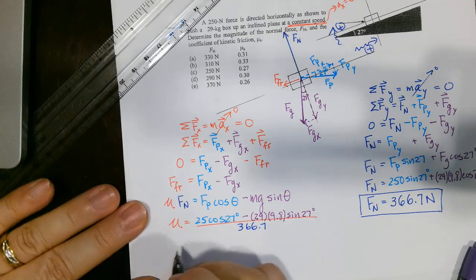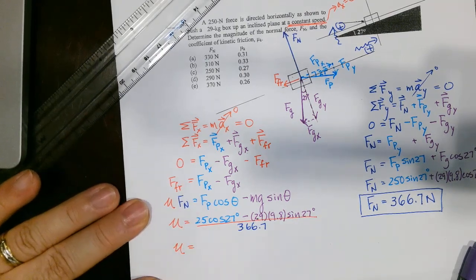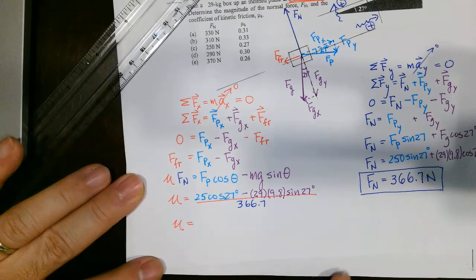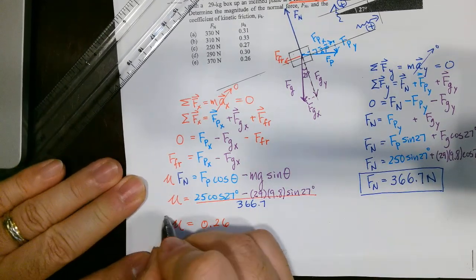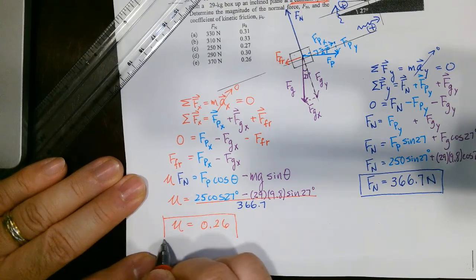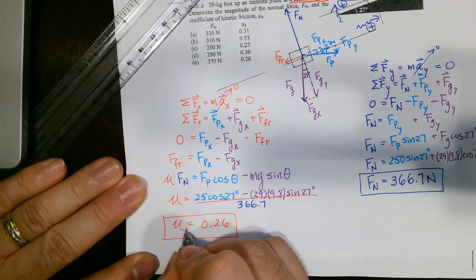So if you work that out using your electronic abacus, you should get 0.26 as your coefficient of kinetic friction.